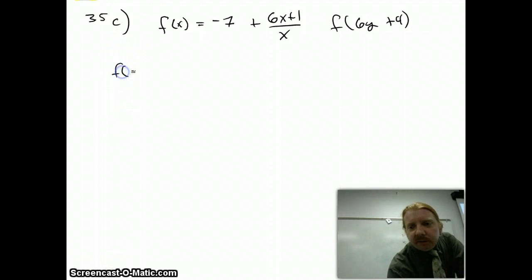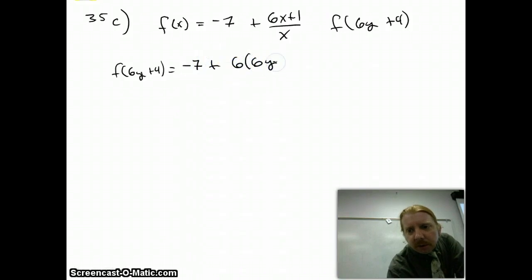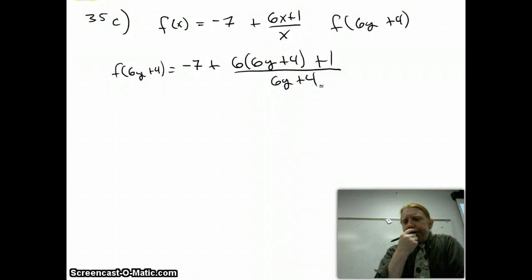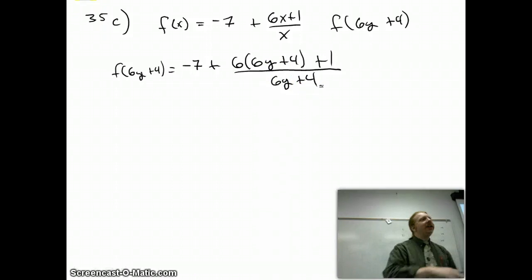So f of 6y plus 4 is therefore, let's plug it in. Negative 7 plus 6 times 6y plus 4, plus 1, all over 6y plus 4. I'm not going to touch that negative 7.